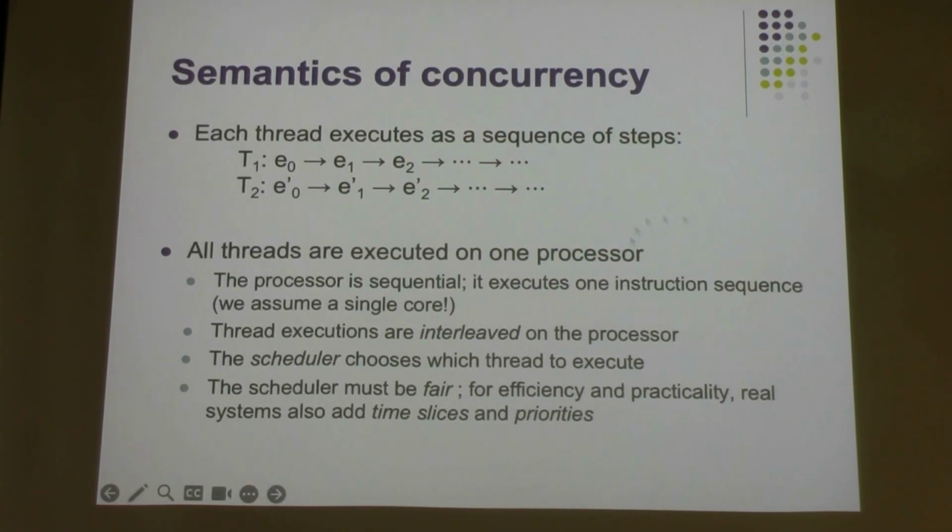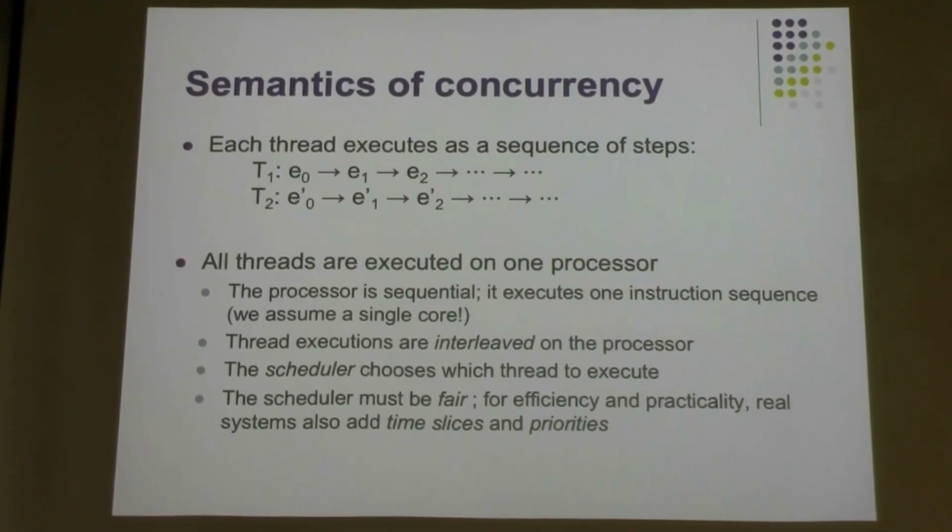And it also has priorities, because some threads are more important than others. A thread that handles a packet coming in from the network is more important than a thread that's just doing computation, because that packet is not going to wait. More packets are coming in from the outside, so you have to handle them. So you have the notion of priority.